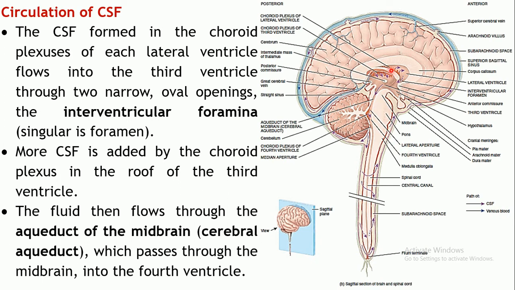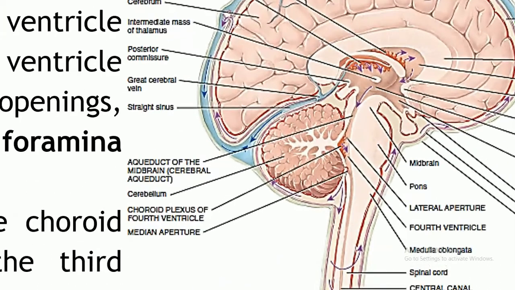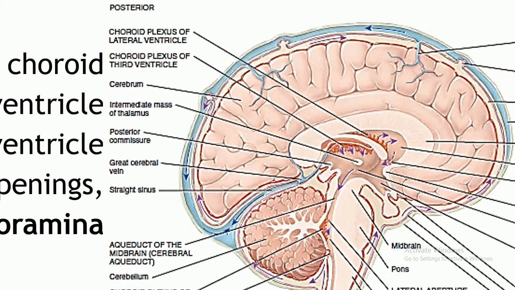Now the CSF which is formed over here, can you see that one? These are the choroid plexus of the lateral ventricles. So as you can see the blood capillaries which are present over here, from here filtration will take place, CSF will be formed. The arrow will tell you in what direction it is moving. So it has now got filtered and formation of the CSF has taken place in the lateral ventricle.